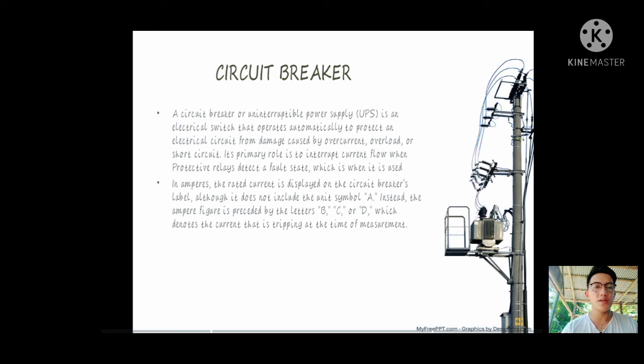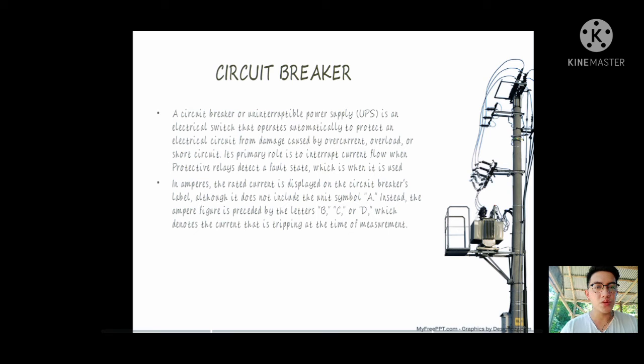So in amperes naman, the rated current is displayed on the circuit breaker's label, although it does not include the unit symbol A. Instead, the amperes figure is preceded by letter B, C, or D, which denotes the current that is tripping at the time of measurement.